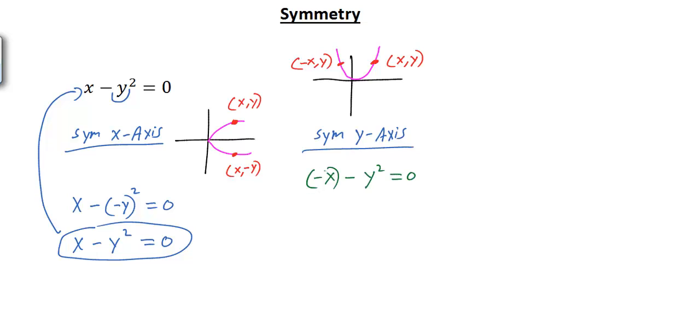And if you notice, anytime I use substitution here, I'm going to put that term in parentheses so that negative x is going in for the x. So even though I don't really need the parentheses here, I just like to do that to remind us to be careful with your substitution. Well, of course, then this would simply be negative x minus y squared equals 0. And this does not look like the original equation. So therefore, it's not symmetric with the y-axis.